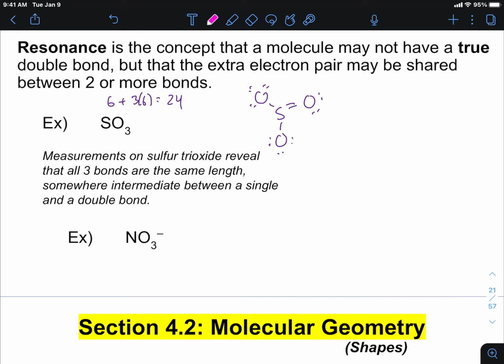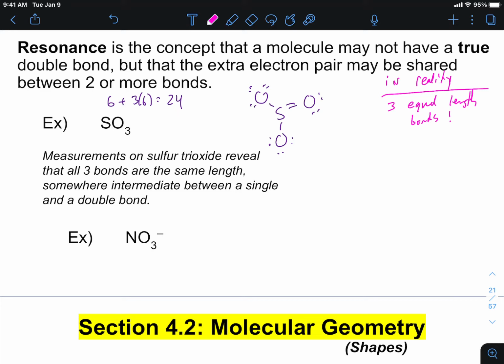Okay, but in reality, the molecule has 3 equal length bonds. So that means the drawing that we have is not right, because a double bond and 2 single bonds look like different bonds.